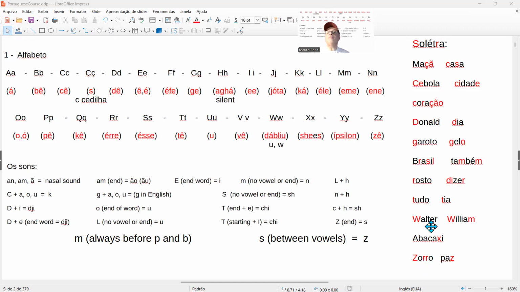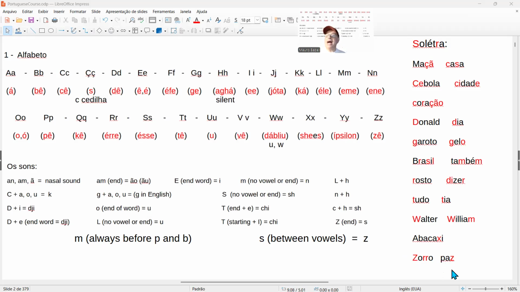R-R: two R's make it very, very strong. So it's zorro. Look at that sound. Okay? Vamos lá. Again. Zorro.